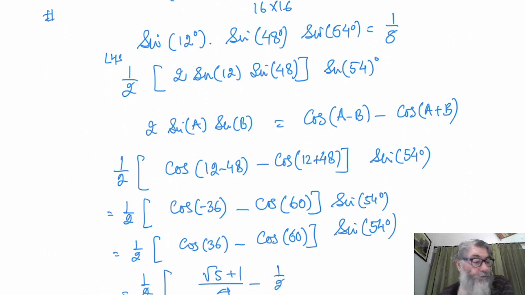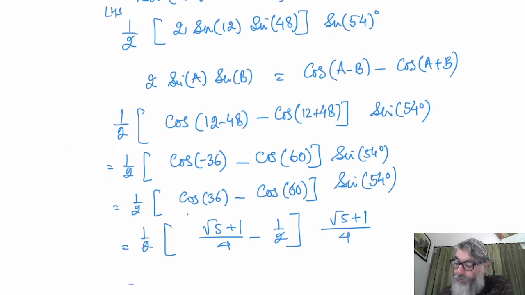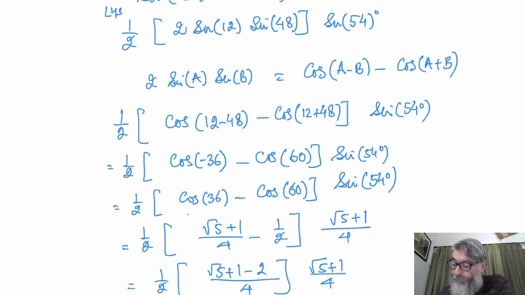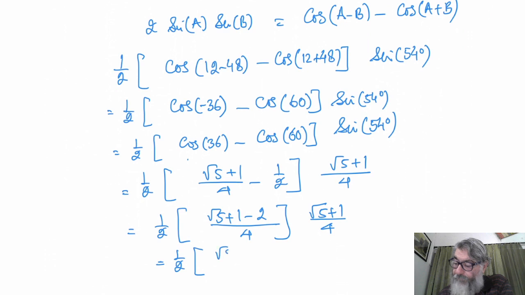cos 60 is 1 upon 2, sine 54 is root 5 plus 1 upon 4. It is the same as cos 36. Now 1 upon 2, simplify it, 4 will be LCM, root 5 plus 1 minus 2, then root 5 plus 1 upon 4. 1 upon 2, it will be root 5 minus 1 upon 4, and root 5 plus 1 upon 4.